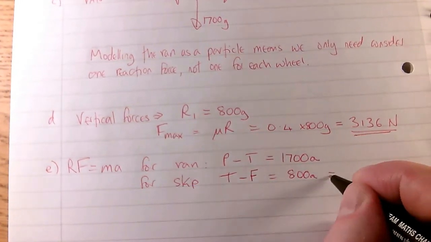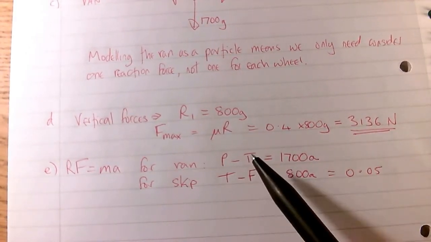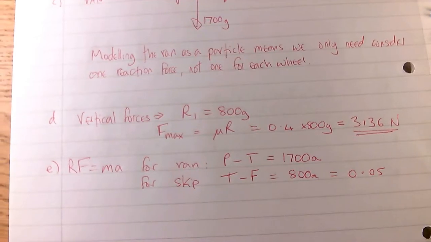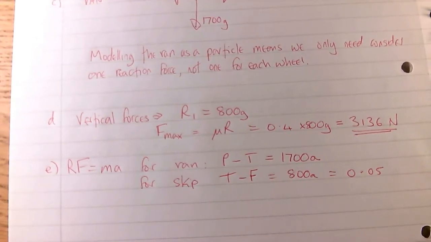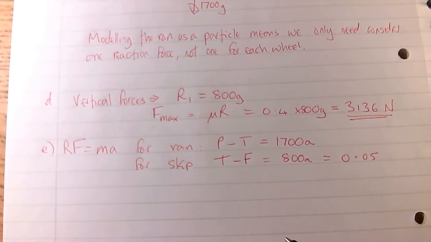I know that the acceleration is 0.05. So I've deliberately set up both equations when I didn't actually need to, because that's your standard method of doing this. If they tell you the acceleration, it's not simultaneous equations.